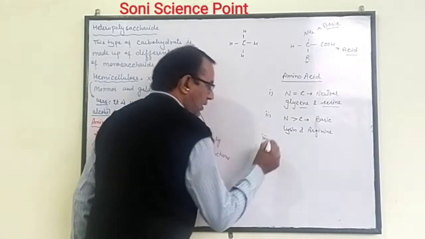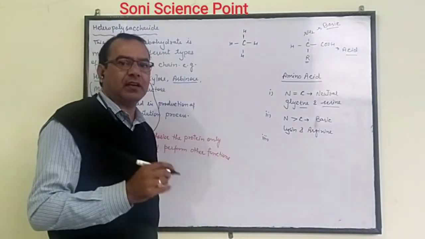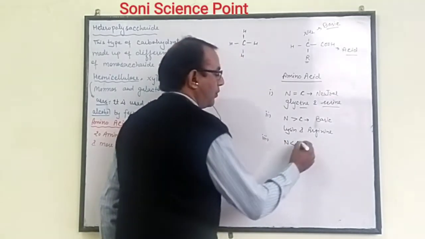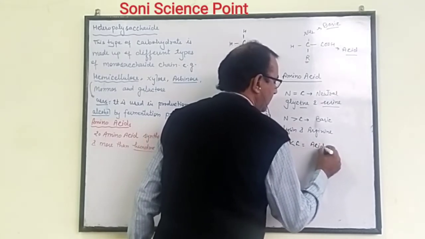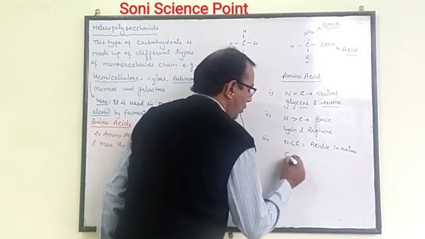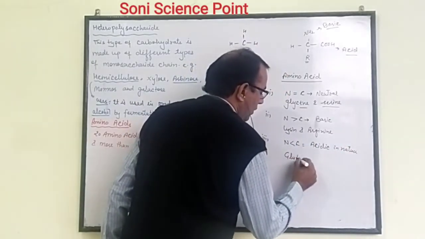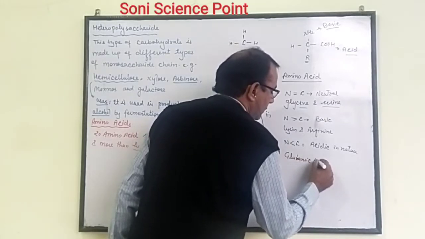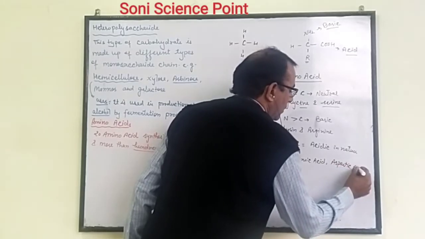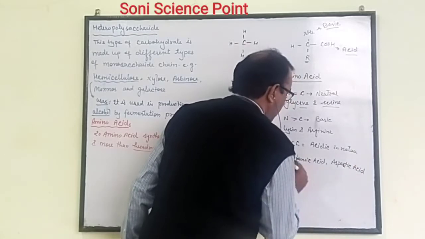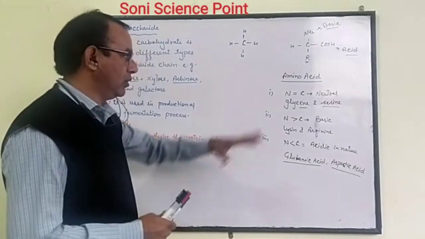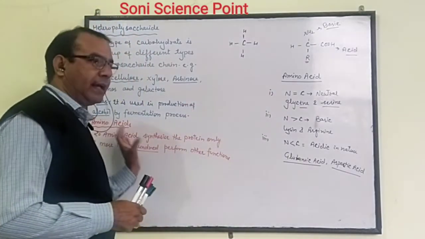But if the number of amine groups is less than the carboxylic groups, then this type of amino acid is acidic in nature. For example, glutamic acid or aspartic acid. These both are acidic in nature. So the number of amine and carboxylic groups shows the nature of the amino acid.